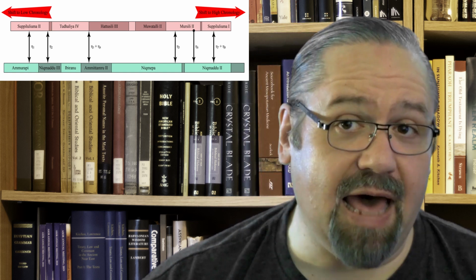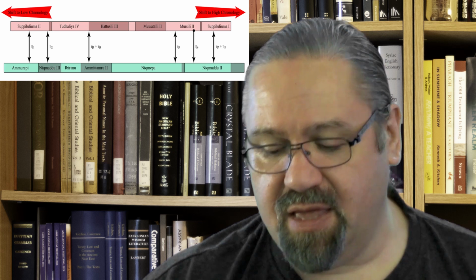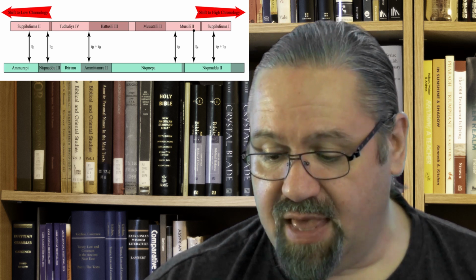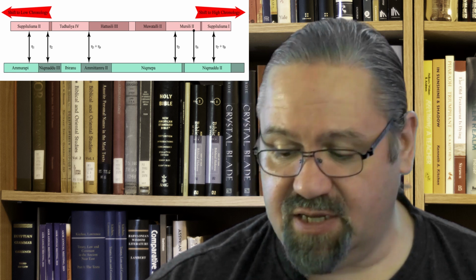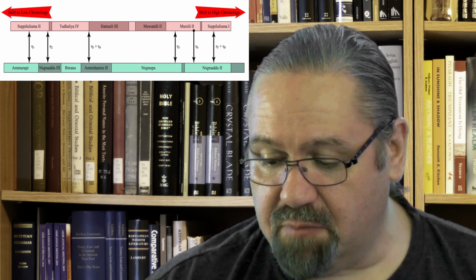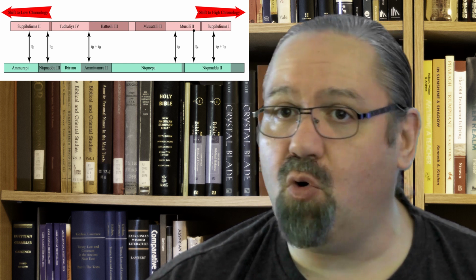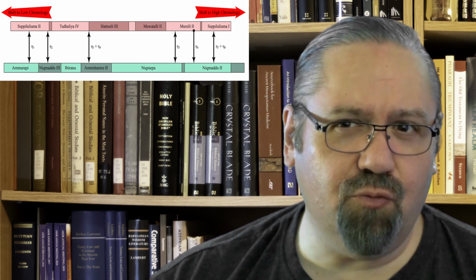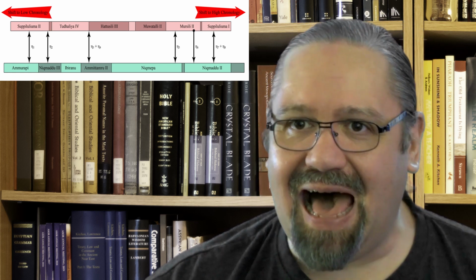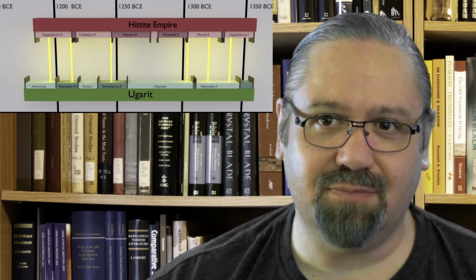But computer analytics has shown that actually the synchronisms between Tudalia IV and Amittamru II and Mursili II with Nikmepa are actually more important. And the reason they are more important is because these synchronisms act as limiters.